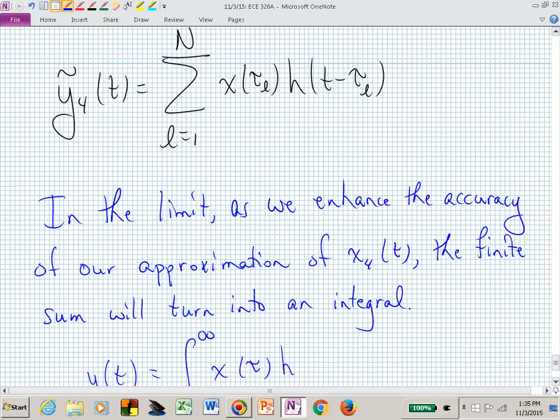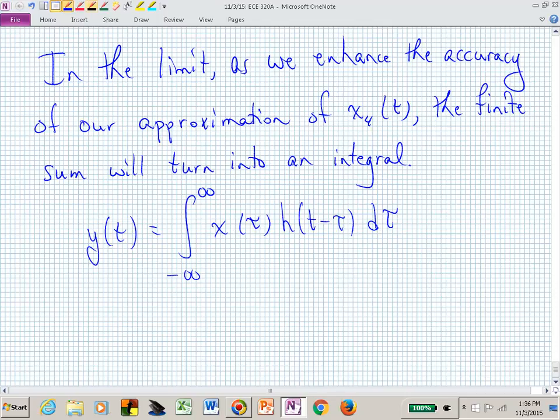That argument is t, and we were basically summing over tau in h and x respectively. This is now tau d tau. And that is what we were trying to derive. This is now our convolution integral.